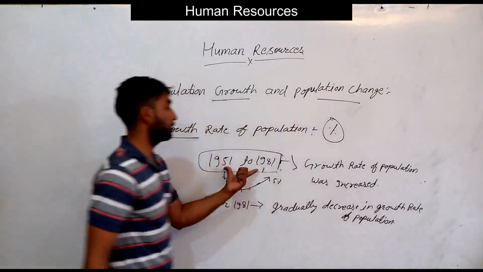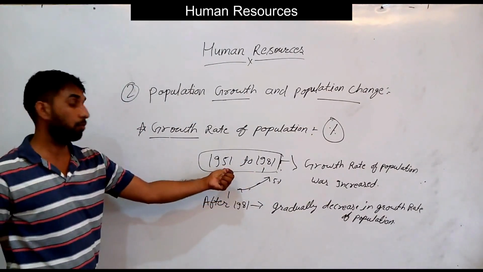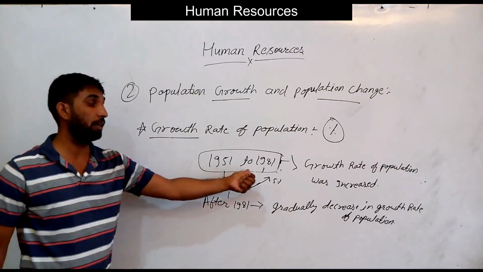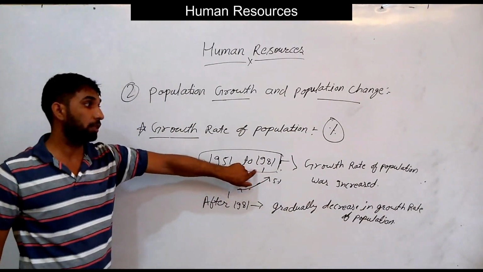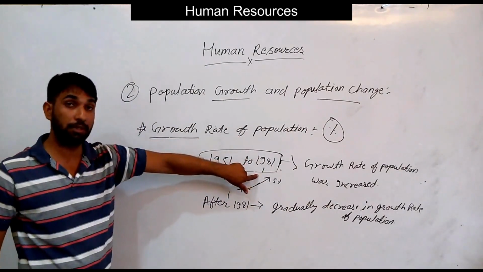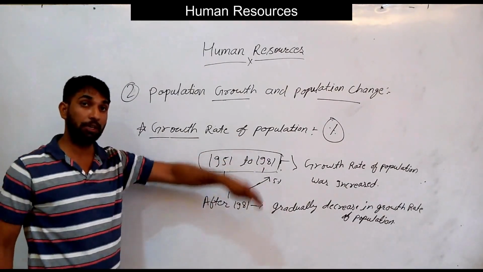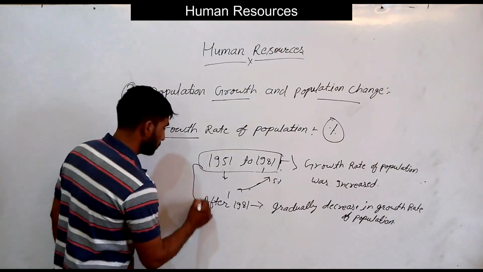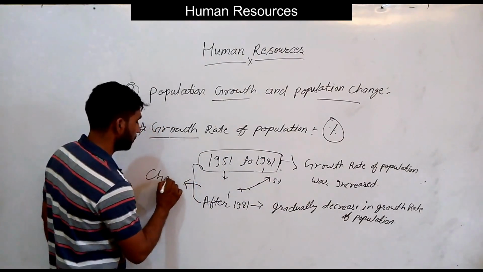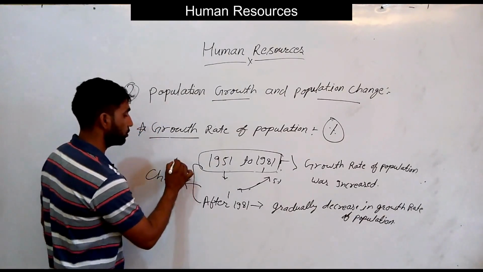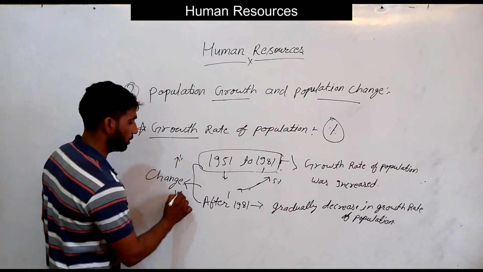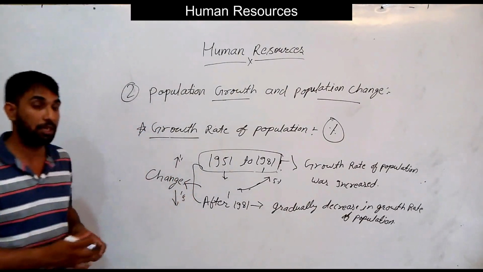In the first period, 1951 to 1981, the growth rate of population increased, and after 1981 it gradually decreased. So it was a change: first one increase, second one decrease.